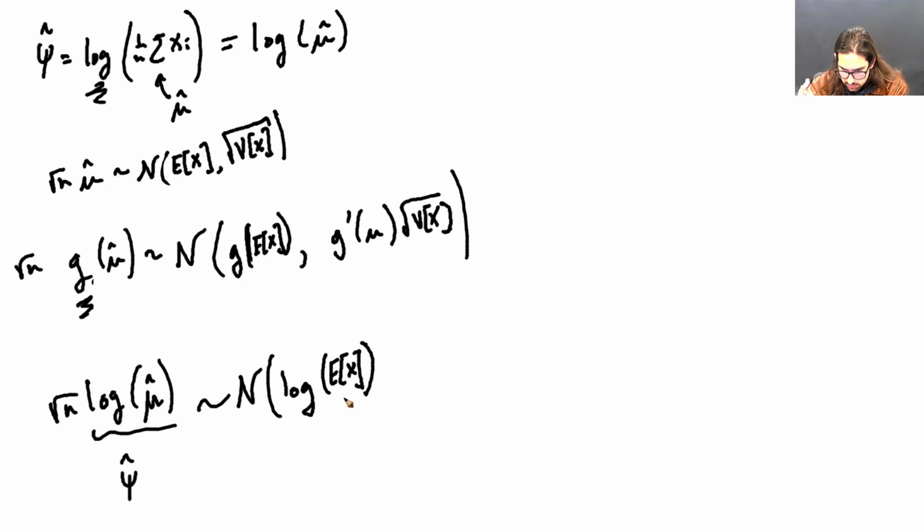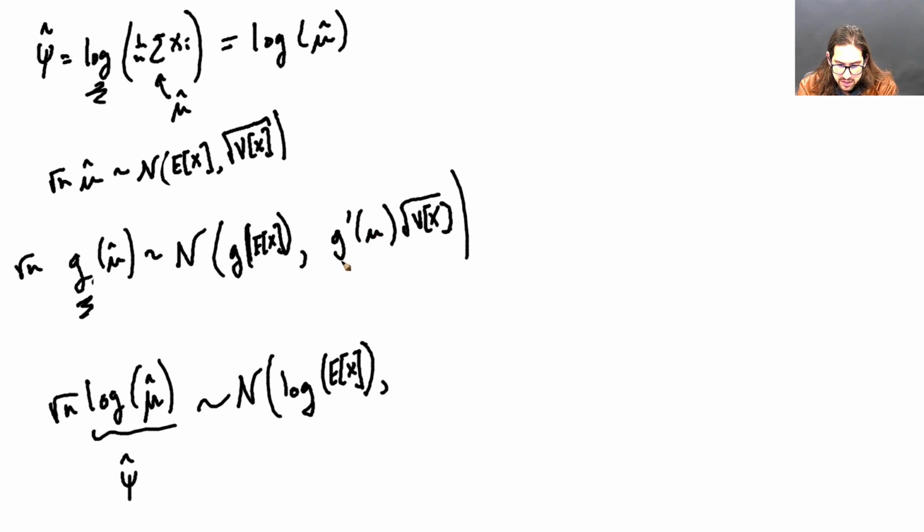Which, I mean, this should make sense, right? If I'm estimating the log mean income, the average value that I should get for that is actually the true log mean income. That's what this says. If this were not the case, then it would be very bad, right?